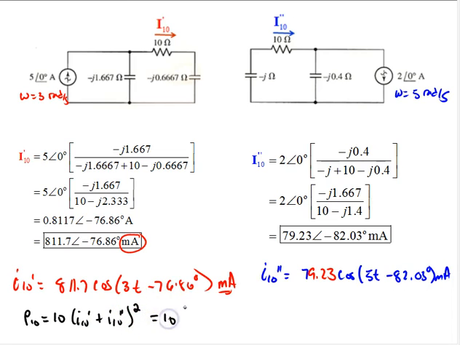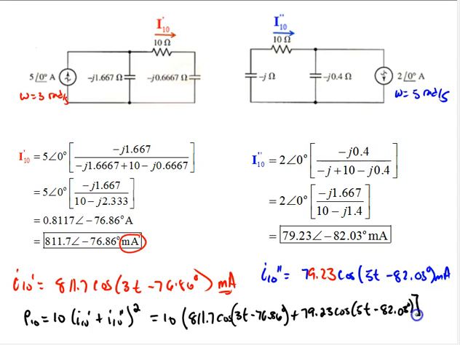So it's our 10 times 811.7 cosine 3t minus 76.86 degrees, that's in parentheses, plus 79.23 cosine 5t minus 82.03 degrees. All of that's squared, but since this is a milliamp and this is a milliamp, our answer will be in microwatts, because we're squaring 10 to the negative 3 times 10 to the negative 3.